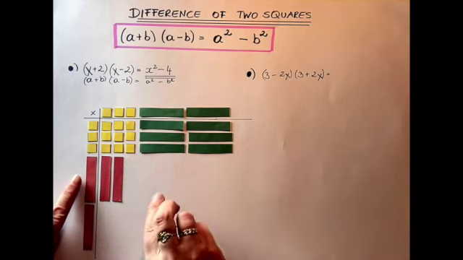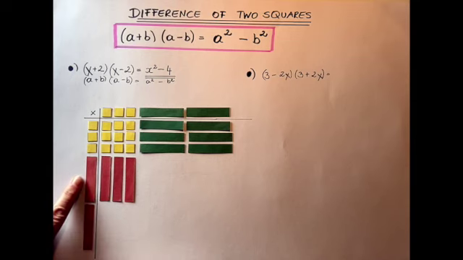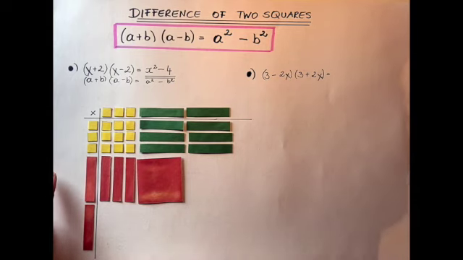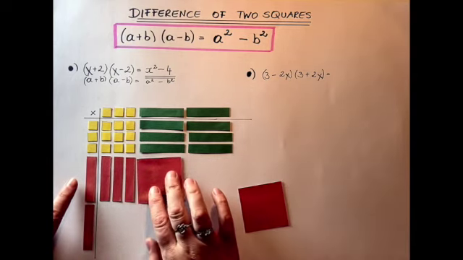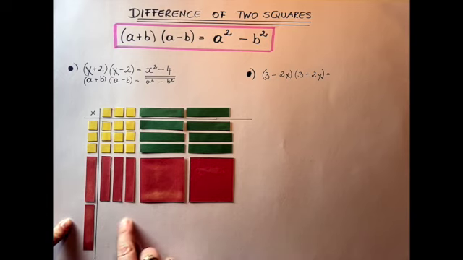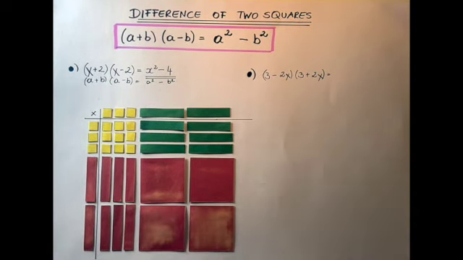Negative x times 1 gives us negative x. Negative x times positive x. Remember, negative times positive gives us negative x squared. Negative x times positive x gives us negative x squared. And here we are. I am simply going to copy down the exact same thing as I had above. So there we are. And here we have our solution.